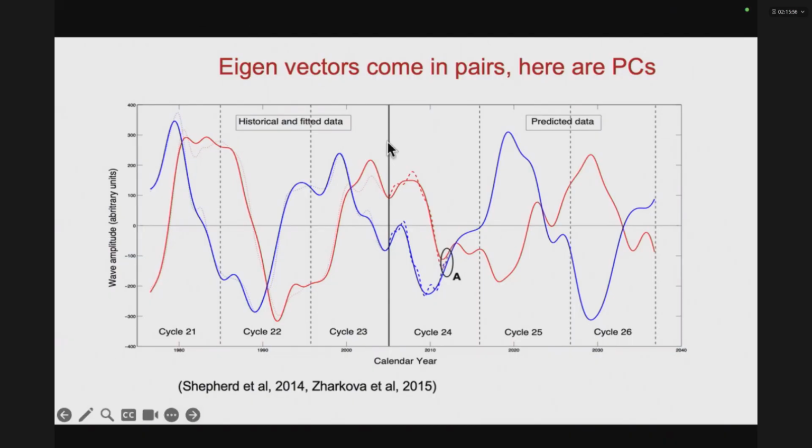The vertical line here shows that this is the data we used from the magnetic field from cycles 21, 22, 23. Now we have expanded the data to cycle 24, which I will mention later. So we discovered there are two waves, and they travel slightly off phase. You see the blue wave has a maximum, and the red has a maximum a bit later, and similarly in the southern hemisphere.